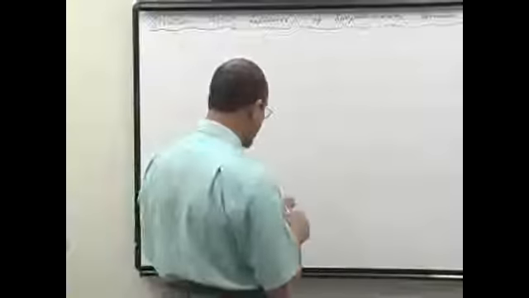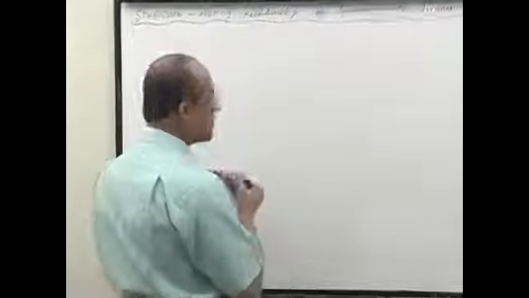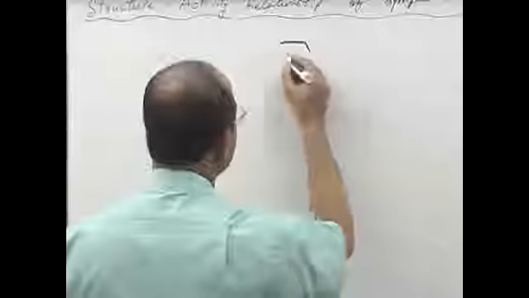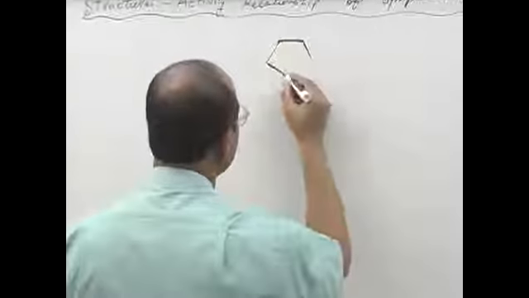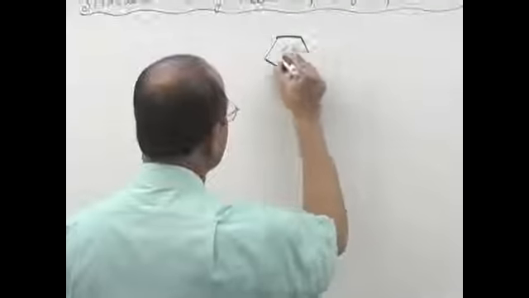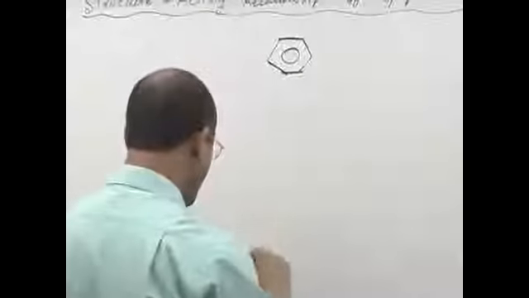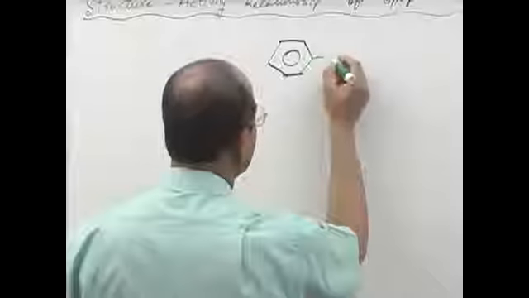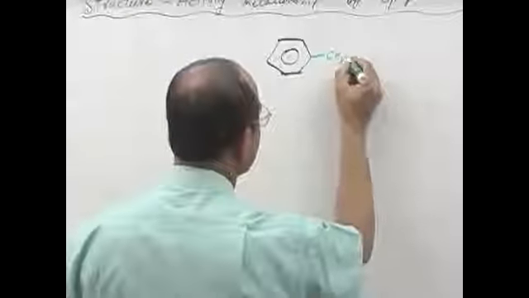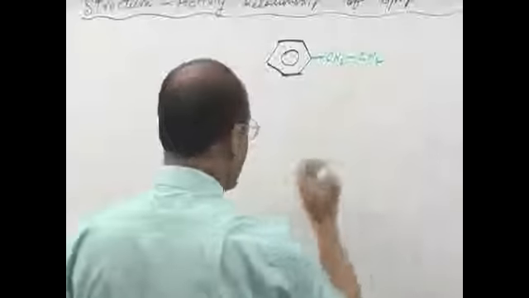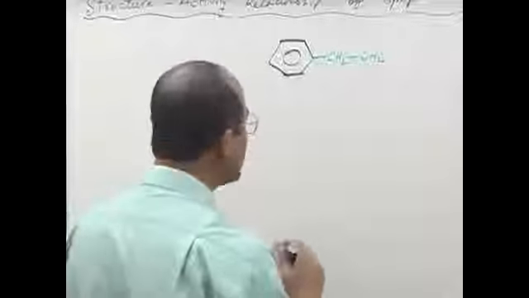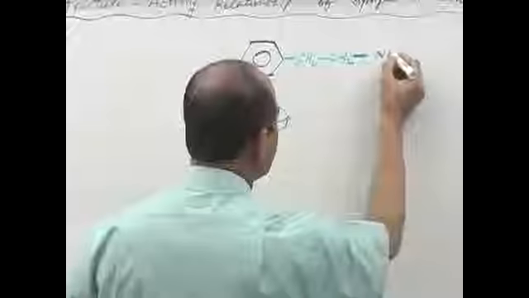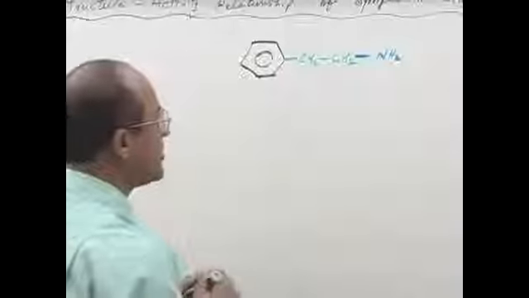The primary structure, the parent compound, has a benzene ring or phenyl ring. This is a benzene ring. With this benzene ring, it has an ethyl chain, and with this ethyl chain, it has an amino end.